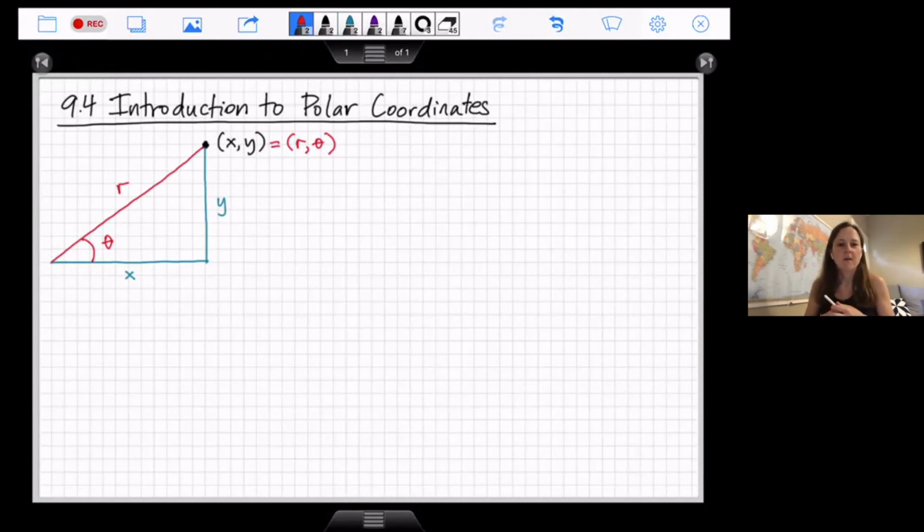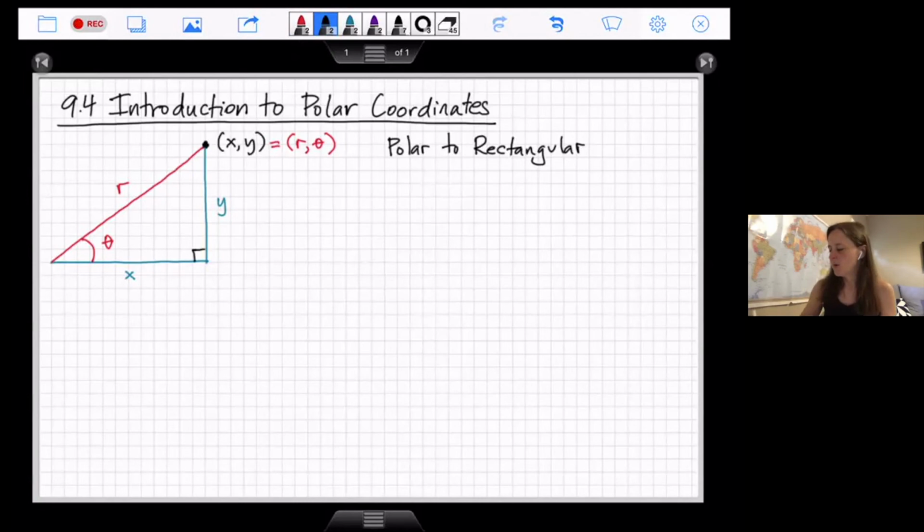Okay. All right, so I'm going to write down some relationships here. The first one is going to be things that we will use to convert from polar to rectangular. For these, we're going to use our good old-fashioned SOHCAHTOA rules for our right triangle that we've created here.